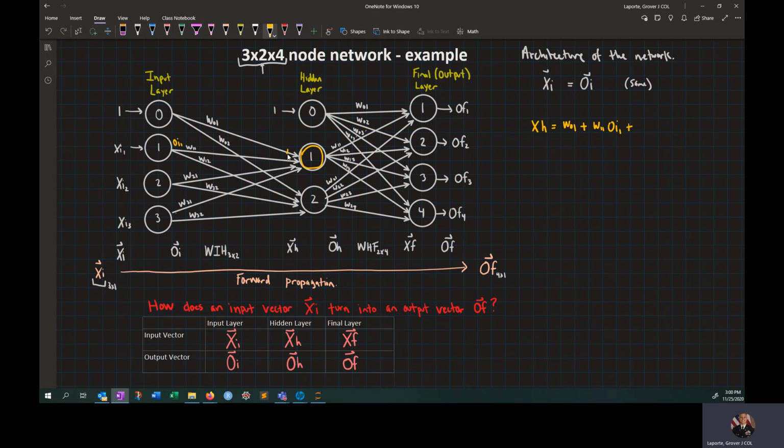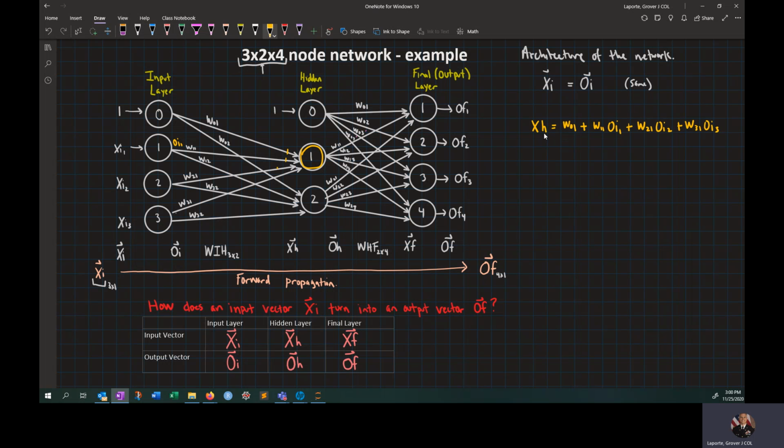I've taken care of this one, and how about this guy, W21? It'll be W21 times OI2, because that's the number coming out of there. And then plus W31 times OI3. Okay. So that's the calculation.